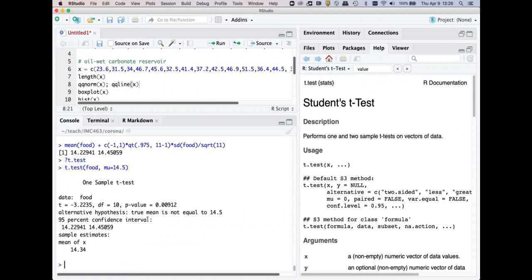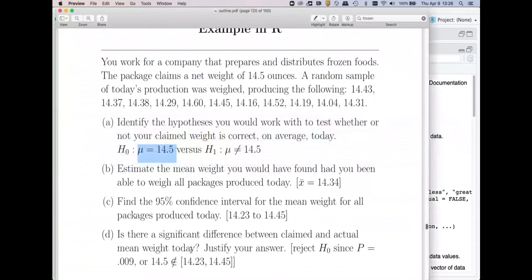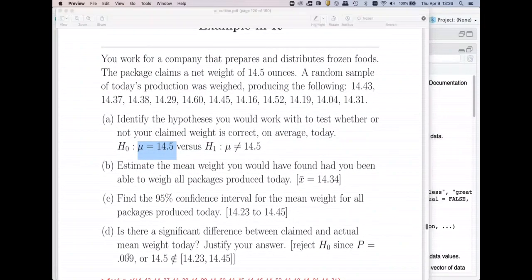And so now what you'll see is that we're going to test the alternative hypothesis that the true mean does not equal 14.5. We get a p-value of 0.00912. Now that p-value is less than 0.05, and so we're going to reject H naught.